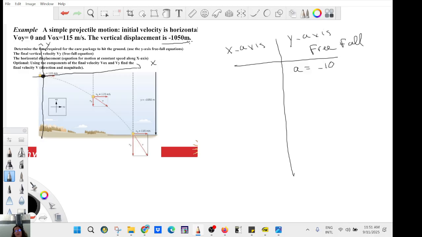They are giving me the displacement, so delta y equals minus 1050. So you see it's just dropping. Okay, for the x-axis, I know that it's going to be 115, and then delta x is always 115t.